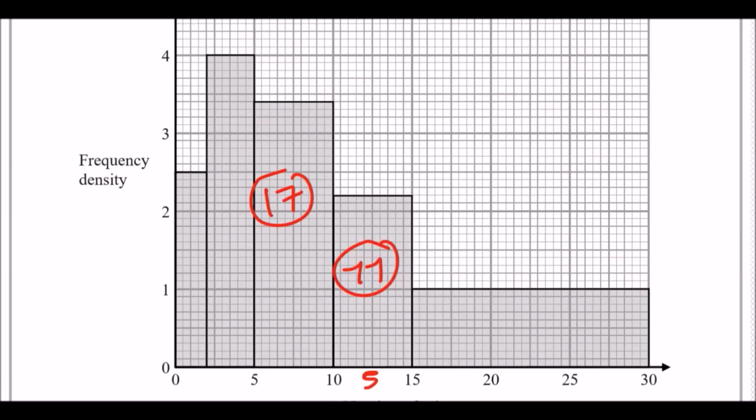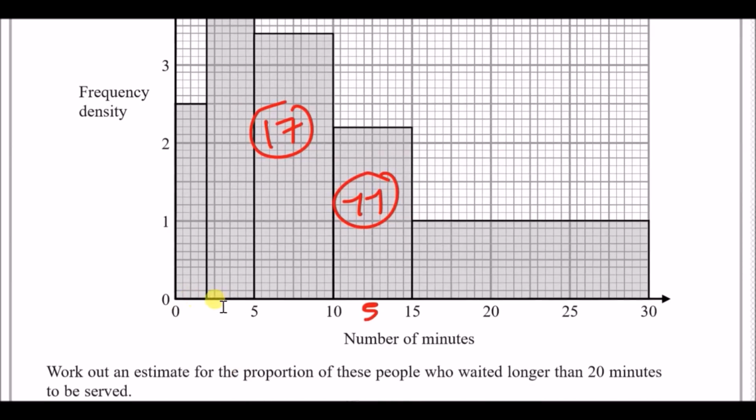And the next one here, let's do it for each one. I'm going to do this quickly. This block here, you've got 10 blocks, so it's going up in 0.5s. So 0.5, 1. This has a class width of 2 and this has a class width of 3.